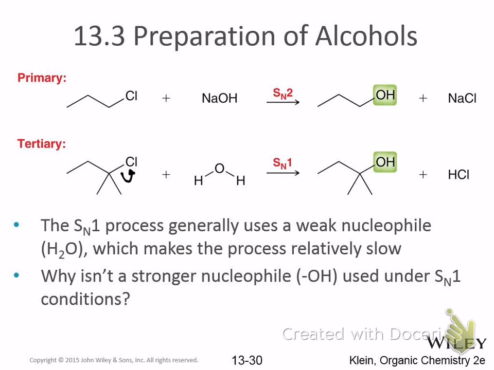Okay, so if you did OH here, just as a reminder, you'll get E2 reactions. And so you'll end up with things that look like probably something like that. Okay, so that's the kind of thing that you're trying to avoid.